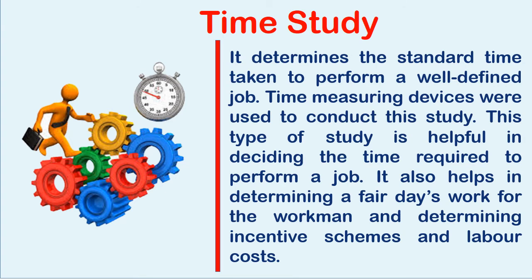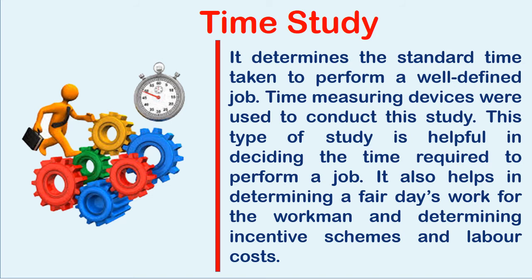Now you have a standard here. You know that every worker should produce 80 units per day. If a worker is producing more than 80 units, you can recognize that worker. If the worker is producing less than 80 units, you need to understand what the reason for the delay is. Time study helps to decide incentive schemes and also the labor cost.